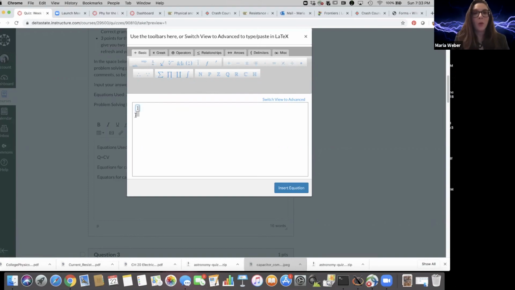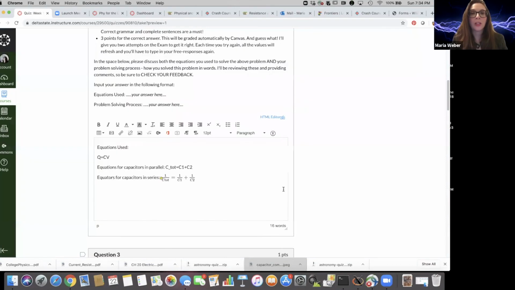So I'm going to say C total equals fraction 1 over C1 plus 1 over C2. So you can play around with this and you can make your equations look really fancy, kind of like how I have done sometimes inside our Canvas shells. I'm going to say insert equation. There we go. So now I have that other equation.